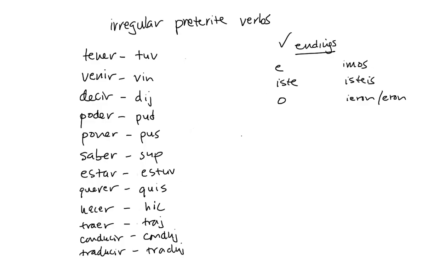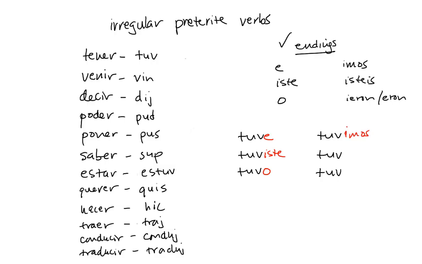So for tener, we get the root tuv, and we add the endings as we have them up here. And remember, looking at these endings, notice that none of them carry written accents. So the endings are tuve, tuviste, tuvo, tuvimos.